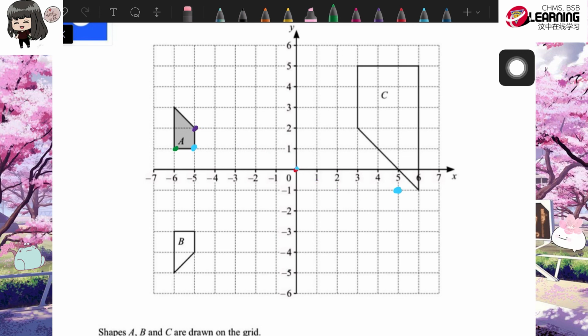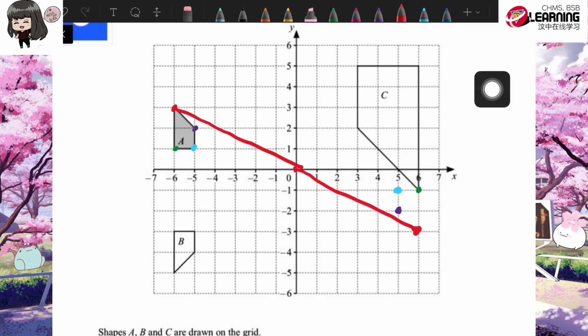Okay, the green one just now. Where is it already? The last one, this one. You draw until here. You use the ruler better, then until here. Okay, you see it's a straight line.